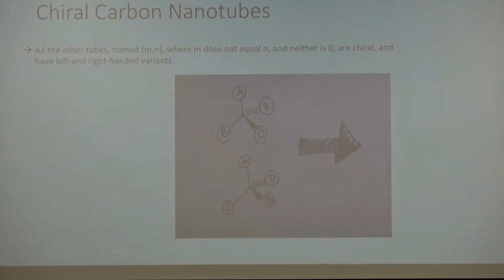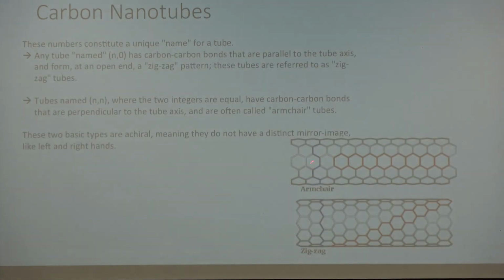Where not every carbon that is bound to your central carbon is the same. These are achiral because every carbon that is bound to every carbon looks identical, okay?